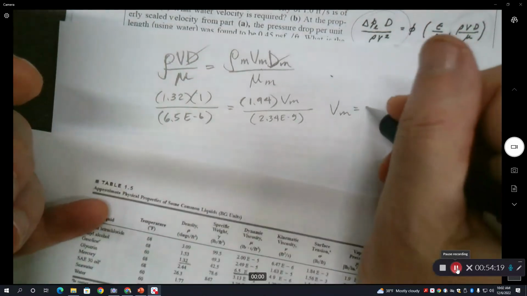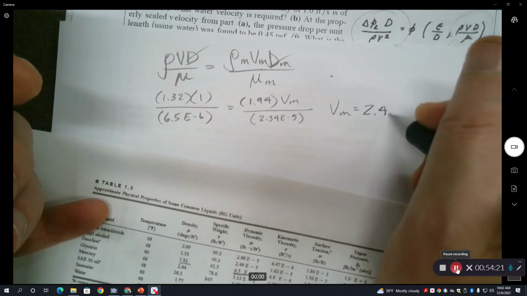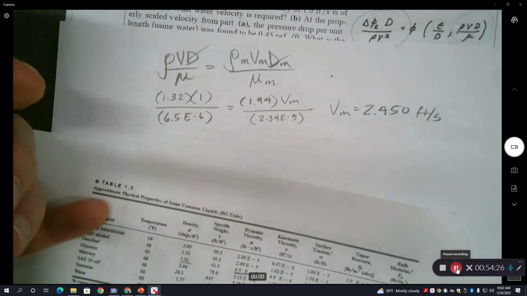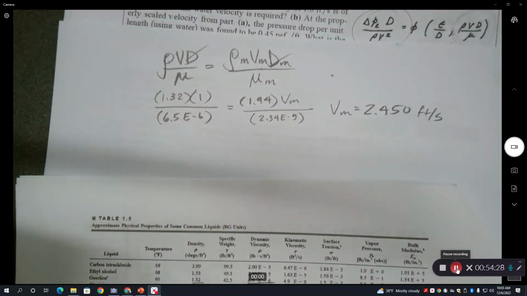So you get 2.450 feet per second. That's what we're going to predict in here.